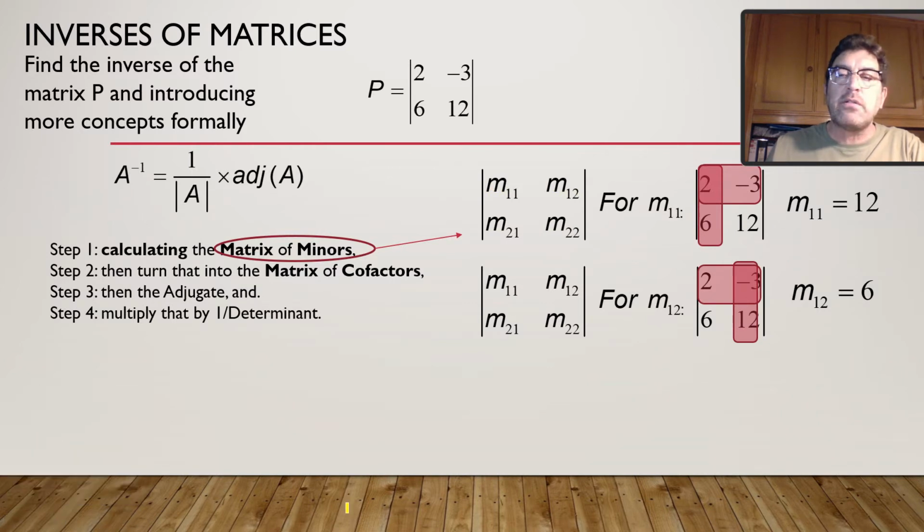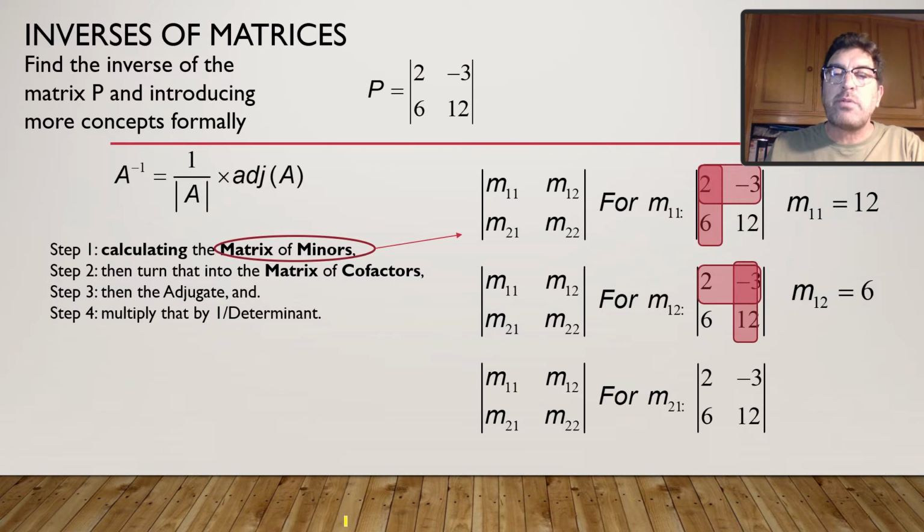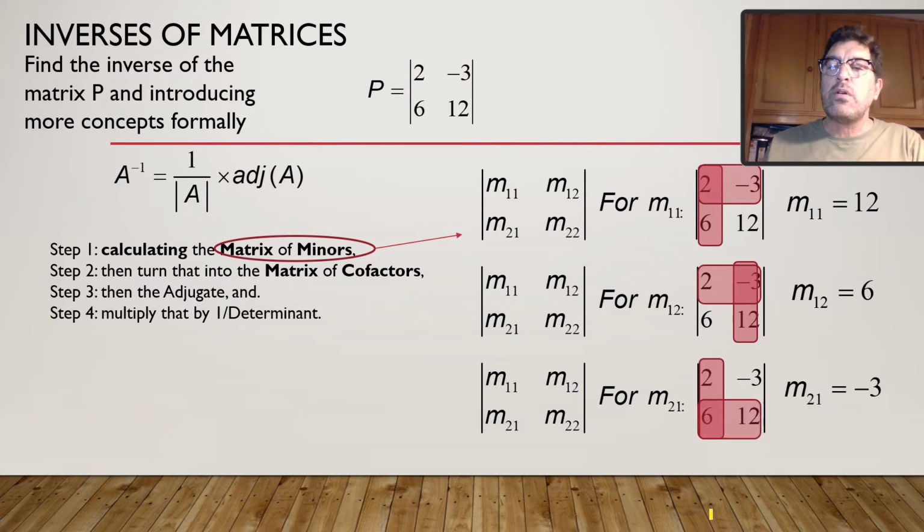Okay, so the third one that we want to find is M21. So we are now at this entry, meaning we're going to cover that, and what's left becomes the minor. We cover that column, this row. So the entry M21 is what remains in the 2 by 2 matrix and is therefore -3.